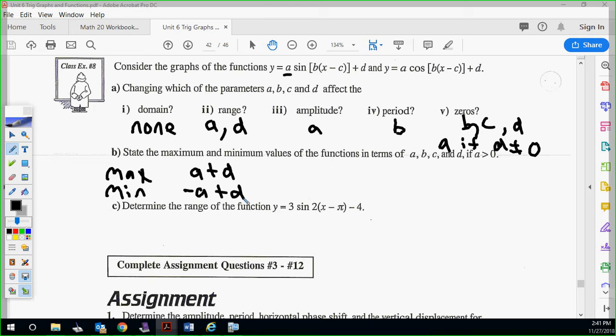All right, determine the range of the function. So what's the range of this function? It's kind of what we just looked at. The range would be the max to the min, right? So what's the max of that function? A plus D, right? So -1, that's the max.